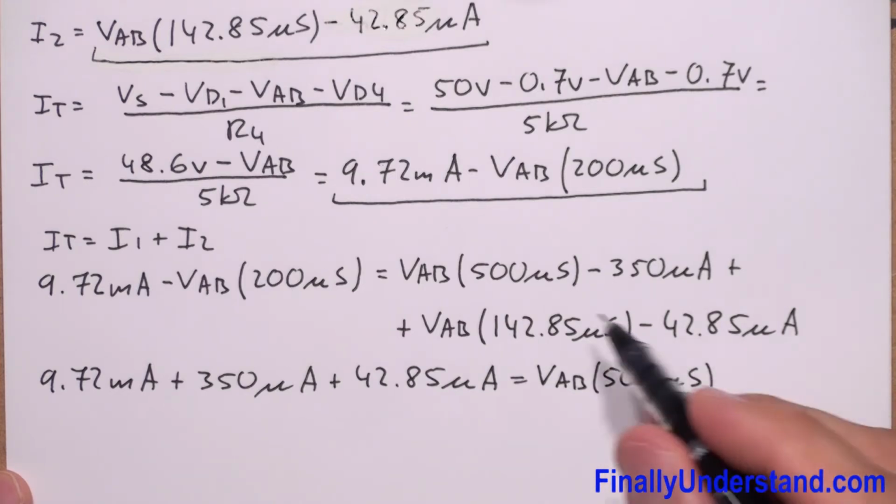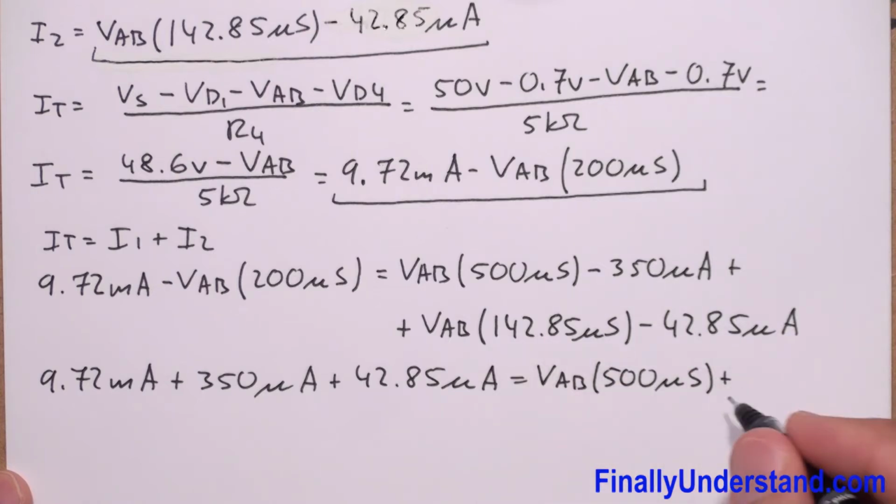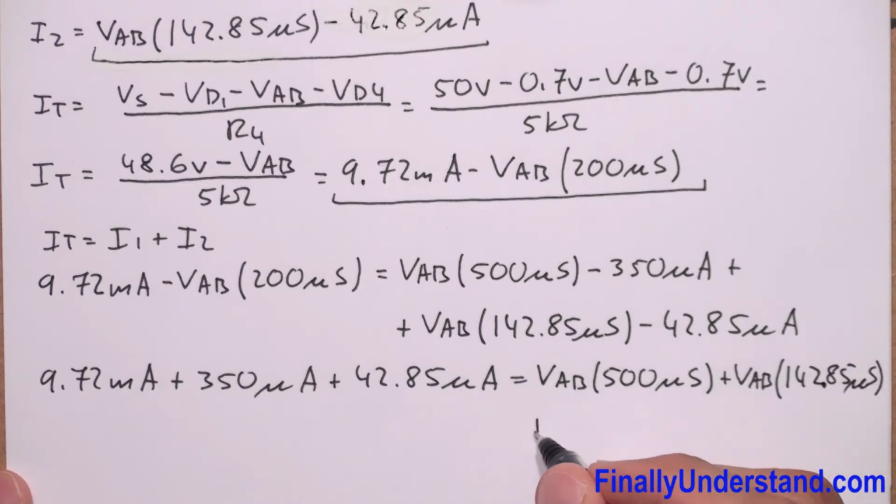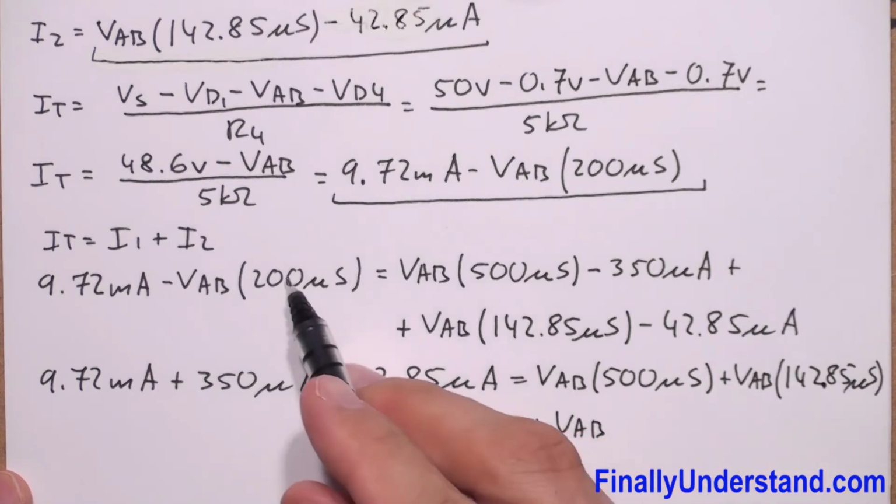I'm doing everything step by step, plus VAB, and I have 142.85 microsiemens plus VAB 200 microsiemens.